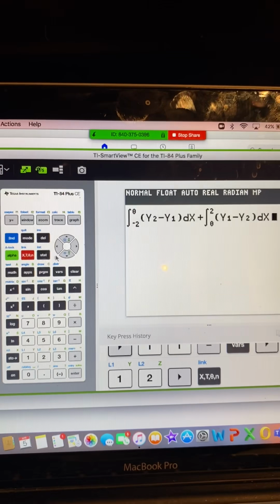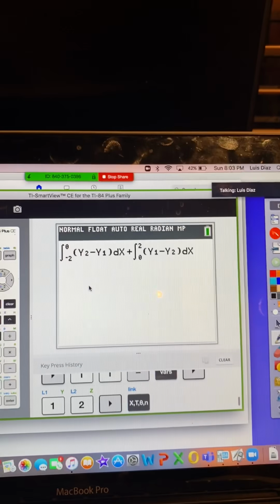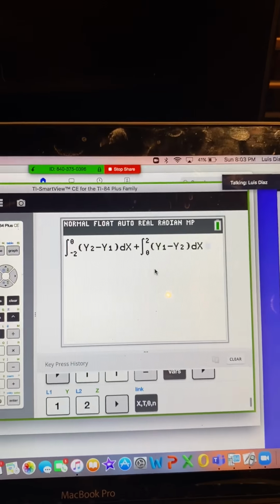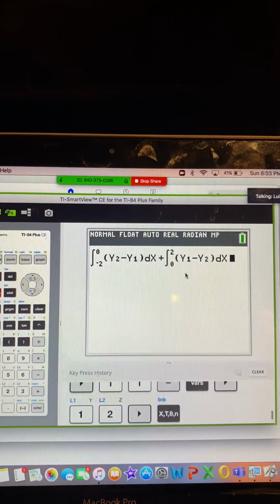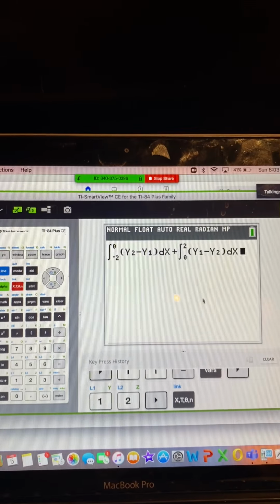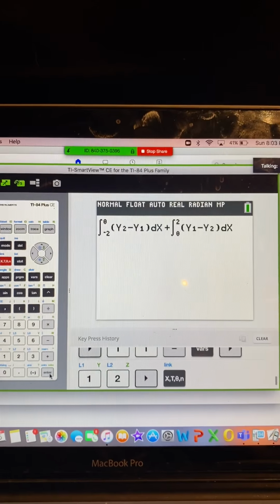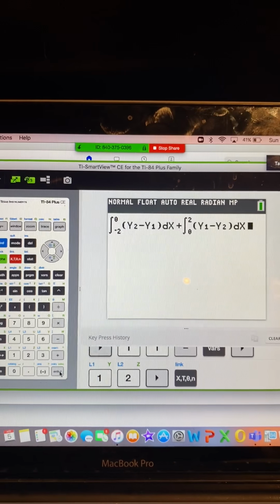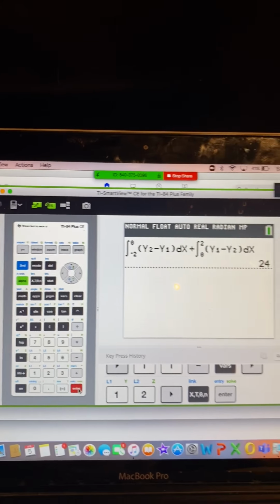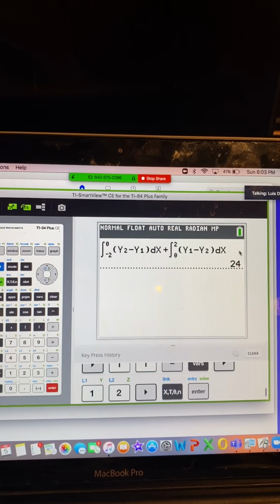Now hopefully if I did it right, I got the 2 functions that I had. I didn't have to type it all in, and I hope that if you're on the IB test and you need time, you would choose not to do that. You hit enter, and you get the answer of 24, which is the correct answer.